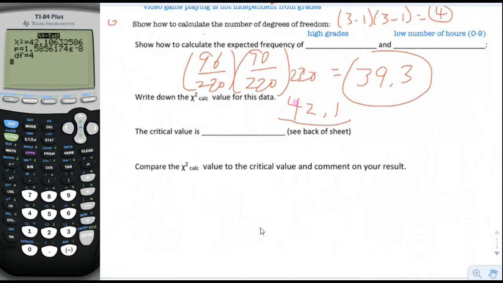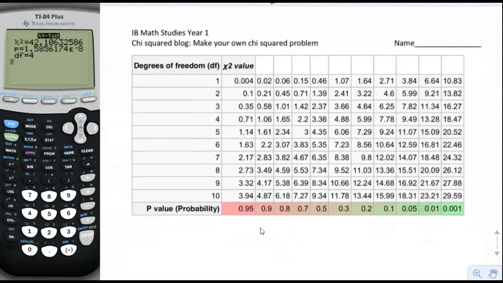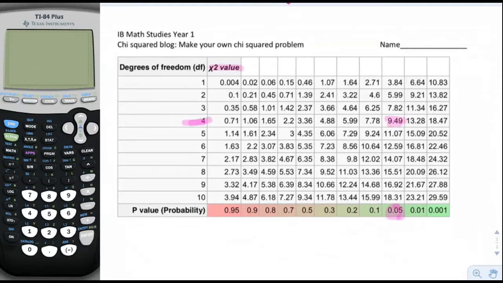So the critical value, we're going to use this table here, which you can find many tables that are similar to this on the internet. So this table requires two inputs. One is the degrees of freedom, and that's why it's so important to figure out what the degrees of freedom are. We never used it before because we never had to find the critical value for these problems because they always give it to us.